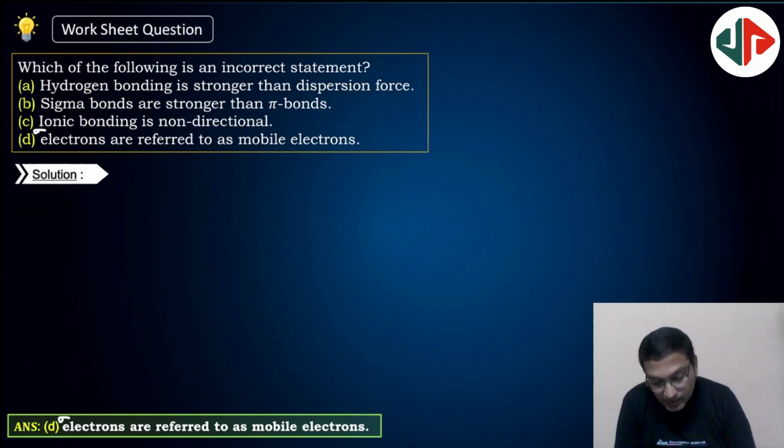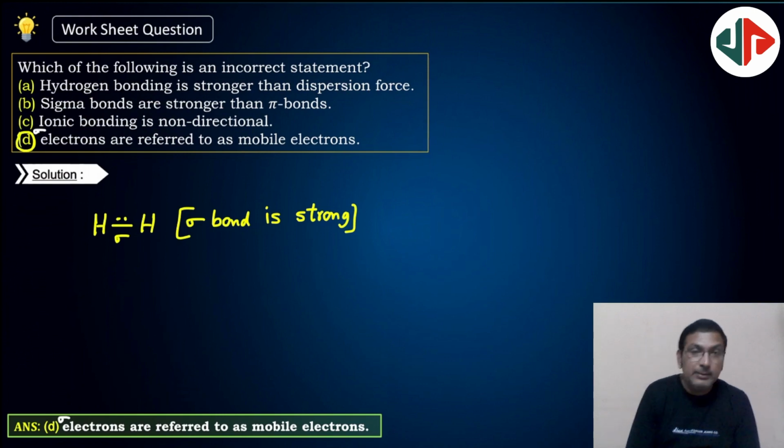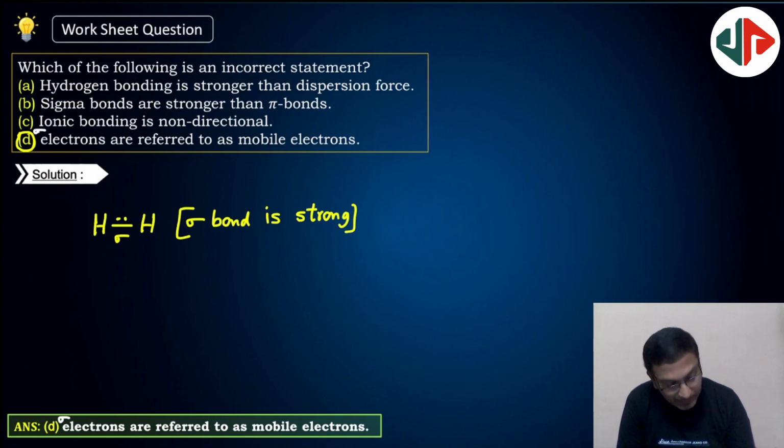So sigma bond is strong and electrons are tightly held between, if you take hydrogen and hydrogen, this is sigma bond. Two electrons are tightly held between two atoms. So sigma bond is very very strong. Therefore, there will be no movement of electrons. Therefore, D option is incorrect. If it is pi bond, there will be delocalization. That means, write like this. C double bond O, O minus.